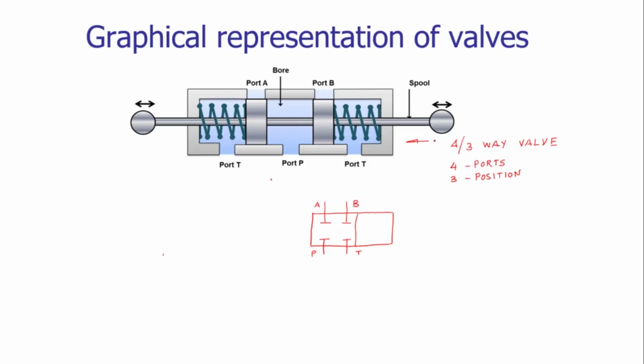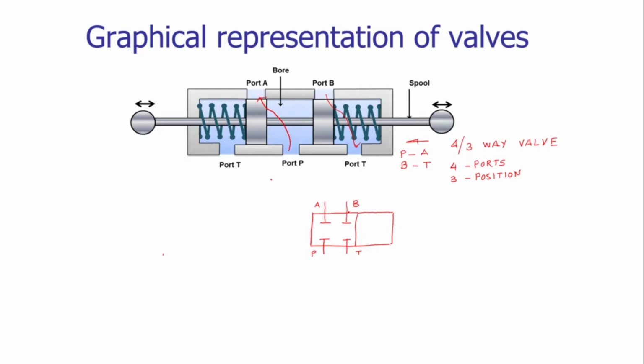When the spool is moving from right to left, port P will be connected to port A and port B will be connected to tank port T. So P is giving the pressurized fluid to port A and the fluid from B is coming back to the tank.